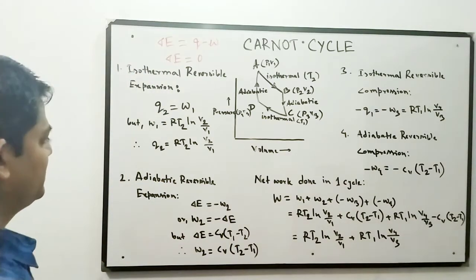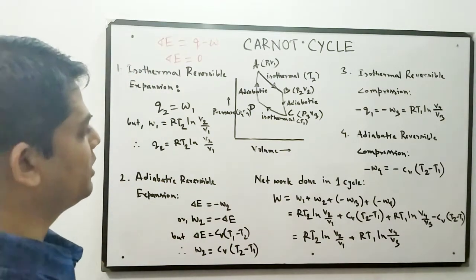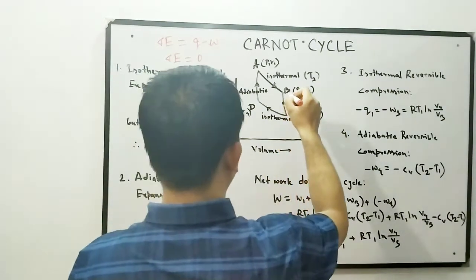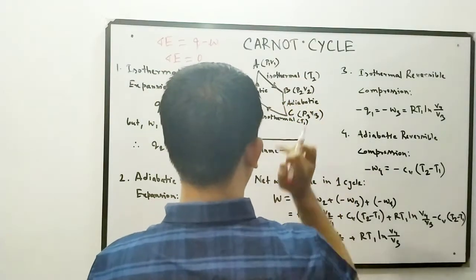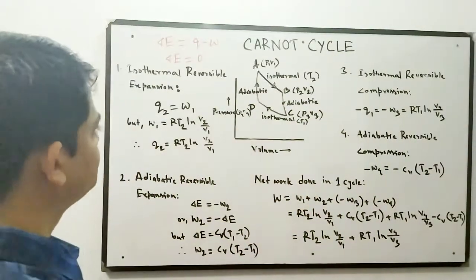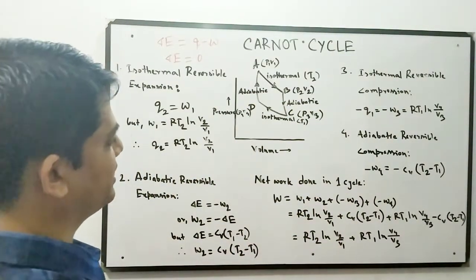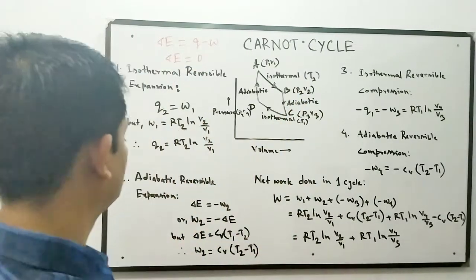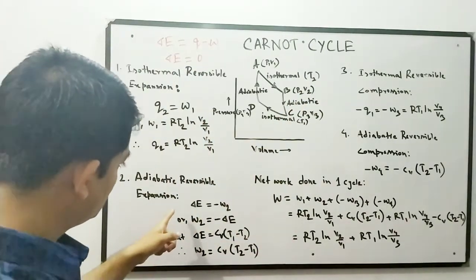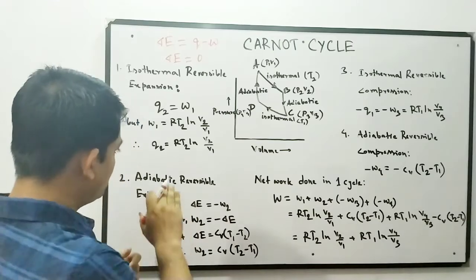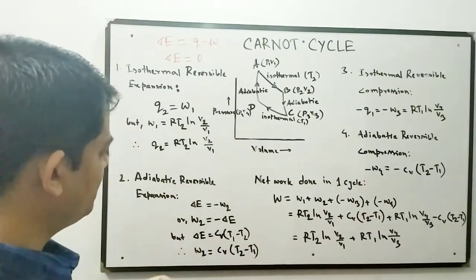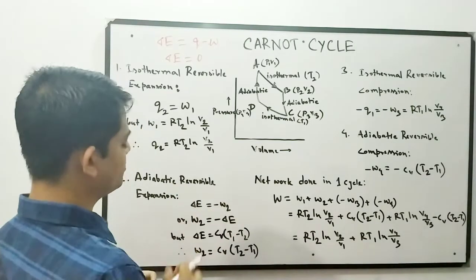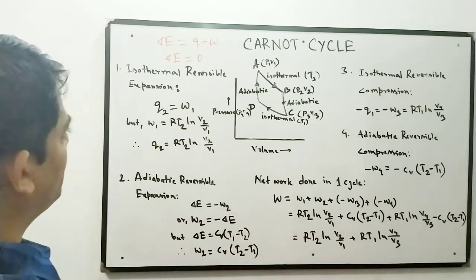The second operation is adiabatic reversible expansion, where the gas goes from point B to C, and here the temperature drops from T2 to T1. This adiabatic reversible expansion gives us the equation ΔE = −W2. How does it come?